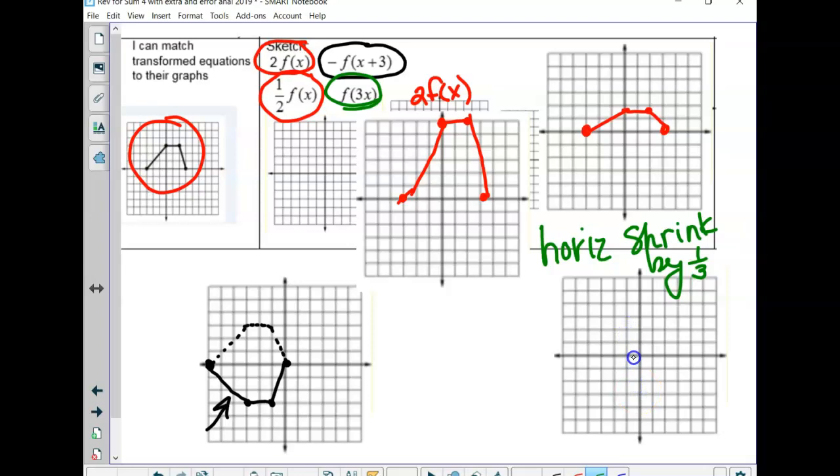X's. So instead of going all the way over to -3, I only go over to -1. Instead of going all the way right to 3, I only go to +1. The y's don't change though. It still has to cross the y up here at 3. But instead of going over to the right 2, I go 1/3 of that. So somehow I'm supposed to have 2/3 up here.